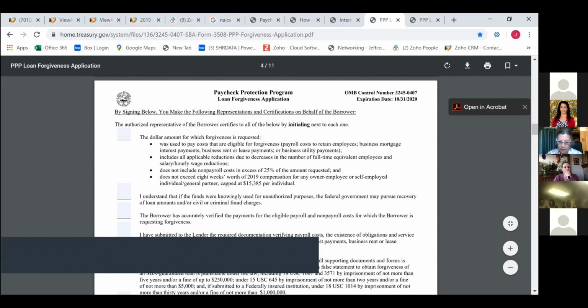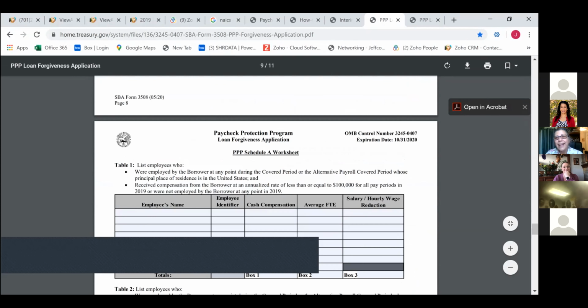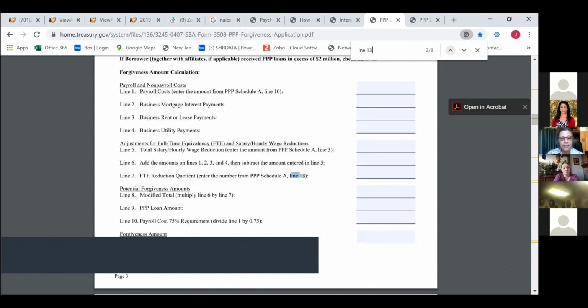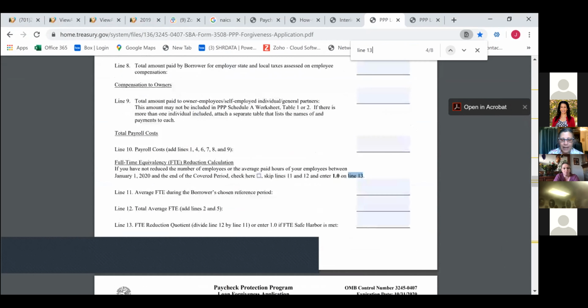All right, so as you can see, we're moving all around. What I'm going to suggest is that you run the whole thing off, fill out the first part of the application, then go to the worksheet, fill that section out, and then come back to the application, because all the numbers from the worksheet are what get put on the application.